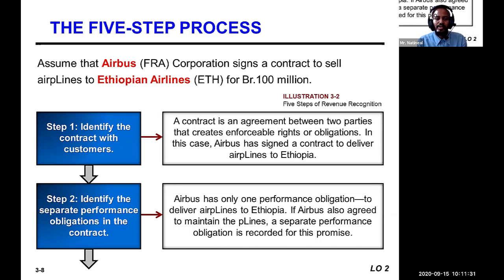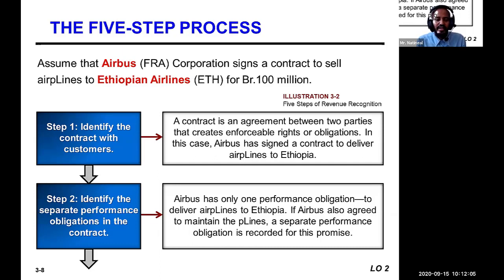A contract is an agreement between two parties that creates enforceable rights or obligations.